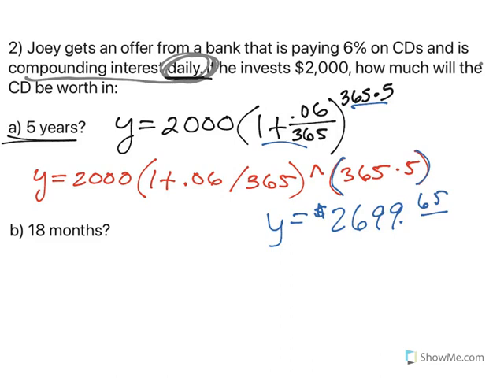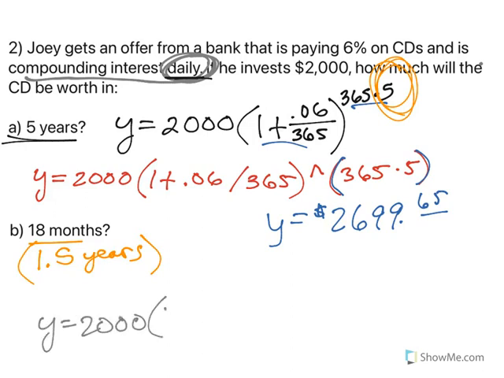Moving on to the letter B. 18 months. Y'all, how many years is 18 months? Because this exponent part here is the number of years. So 18 months is the same as 1.5 years. That's your first step. So then I've got y equals 2,000 times 1 plus 0.06 over 365, raised to the 365 times 1.5.